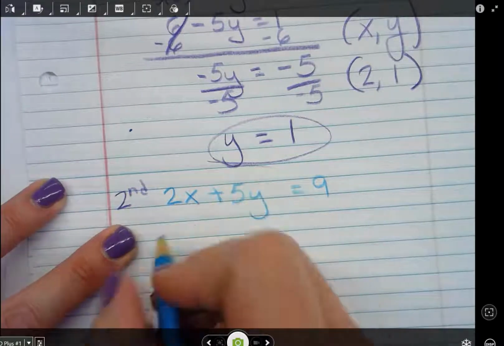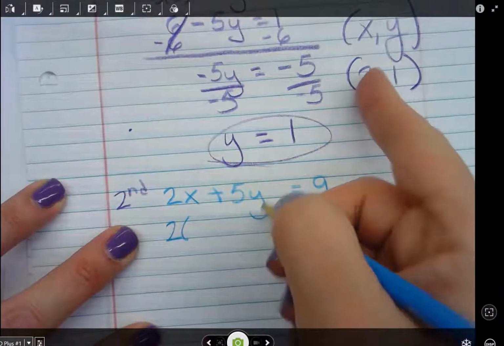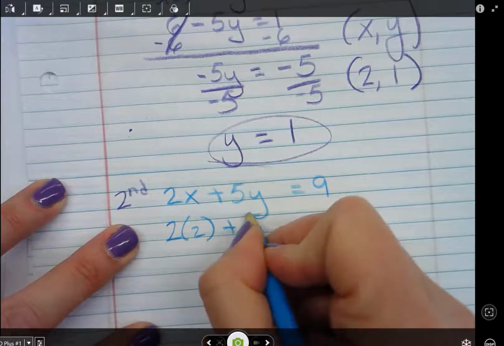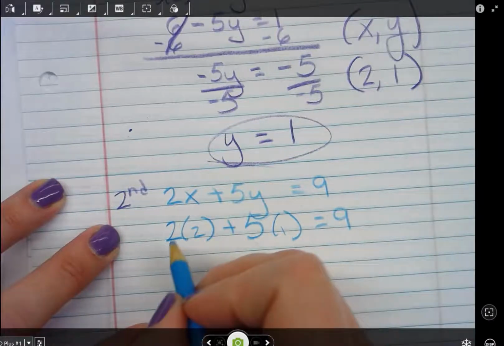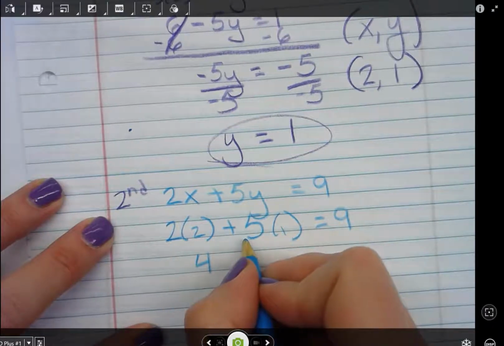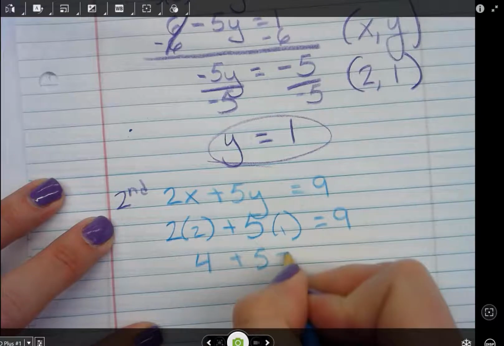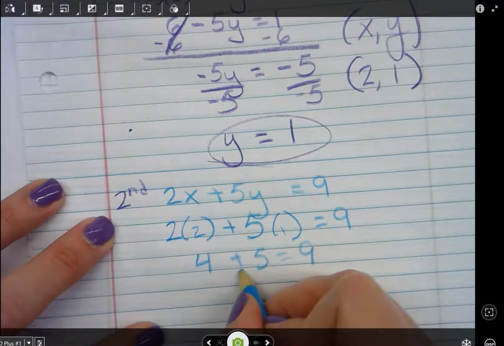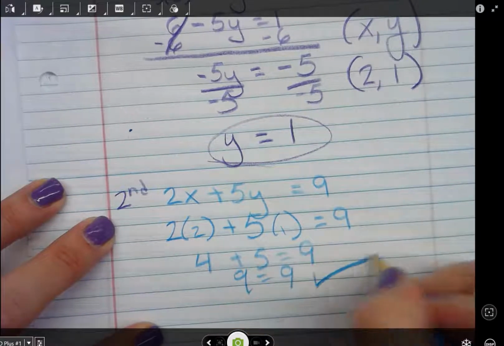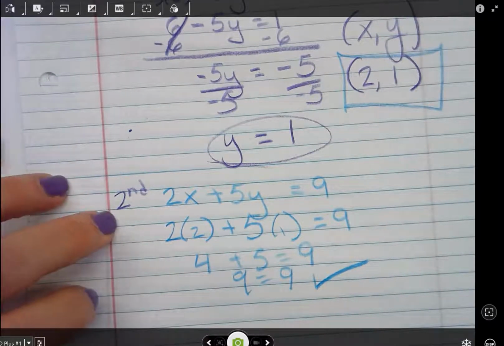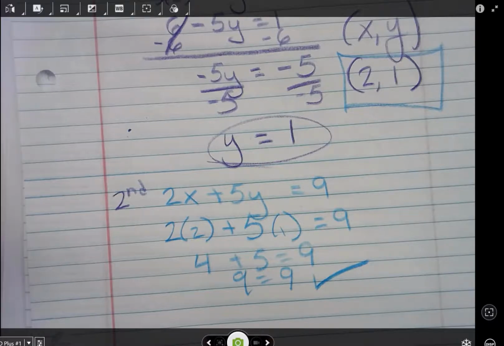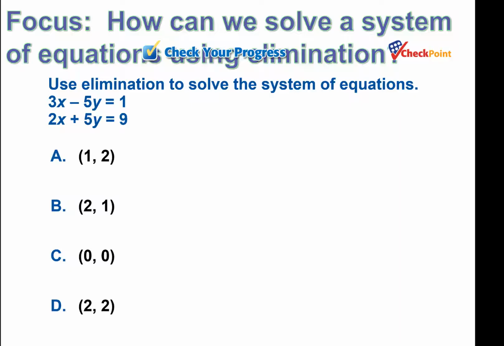So we have 2 times the x value, 2, plus 5 times my y value of 1. Does that give us 9? 2 times 2 is 4. 5 times 1 is 5. 4 plus 5 is 9. So we know that our answer, 2, 1, is the correct solution to this system of linear equations. So if you chose answer choice B, you were correct.